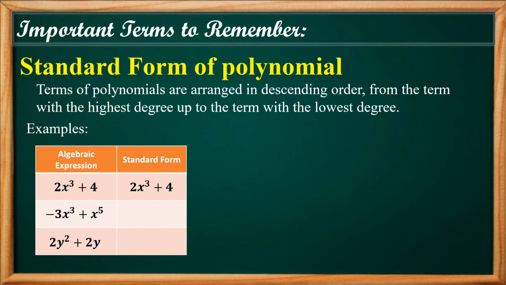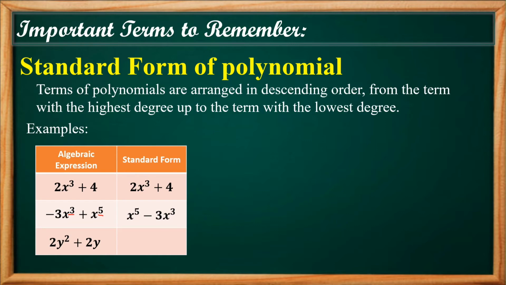The degree here is 3. Then the degree here is 5. Alin ang mas malaki? 5. Siyempre, siya yung maunang isulat, followed by ito yung pangalawa. Therefore, the standard form is, since it is positive, x raised to the power of 5, then it is negative, it becomes minus 3x cubed.